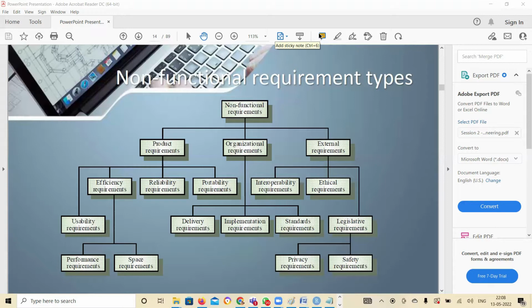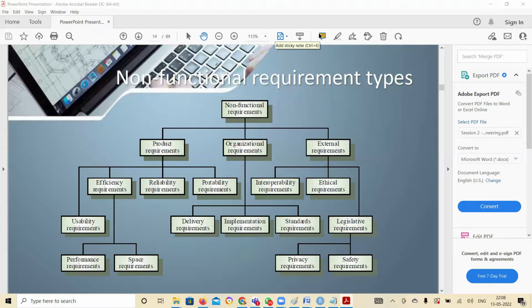Then we have portability requirement. Portability is about the product: how easy it is to move from one computer to another, one platform to another. For example, when you install an app and it says it should be used only with Chrome, that is not portability.